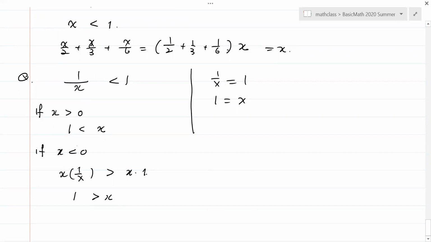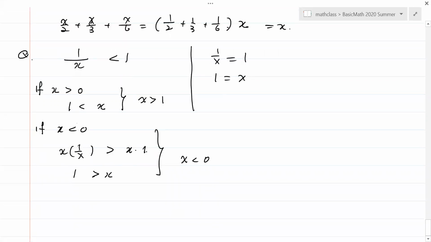It's very interesting: if x is less than 0, x should be less than 1. Now combine that: x must be less than 0 because you already assumed x is less than 0. And here x greater than 1. Under that assumption, x must be greater than 1, so the first case is x greater than 1.